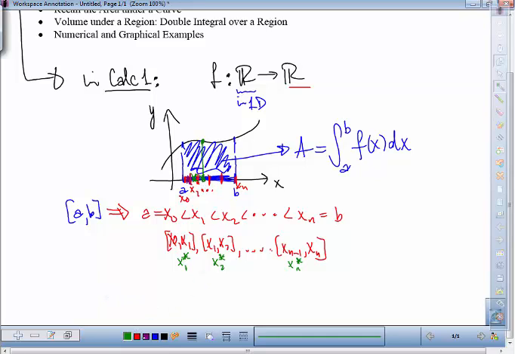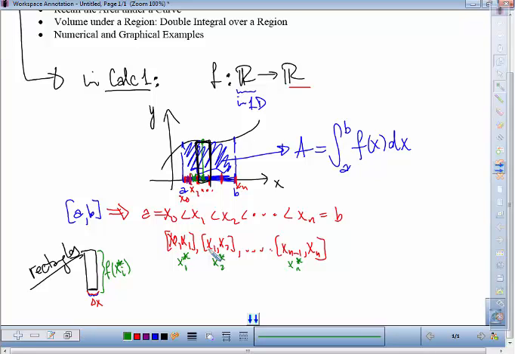So we eventually come up with rectangles with a base of delta x and the height of the function evaluated at one of these x stars that belongs in one of these partitions.